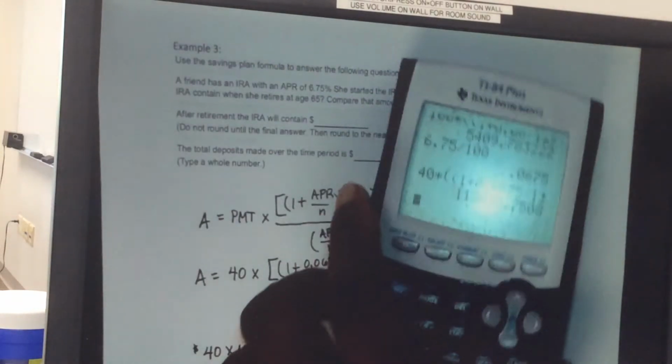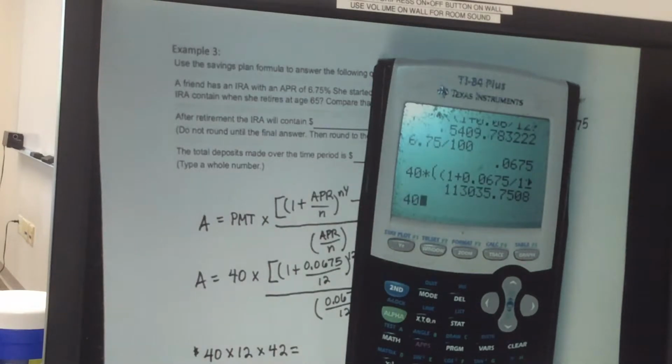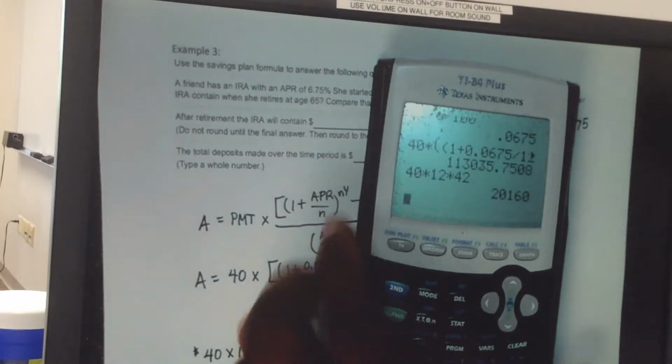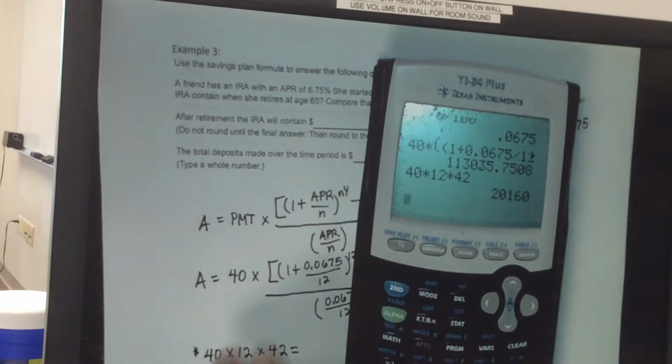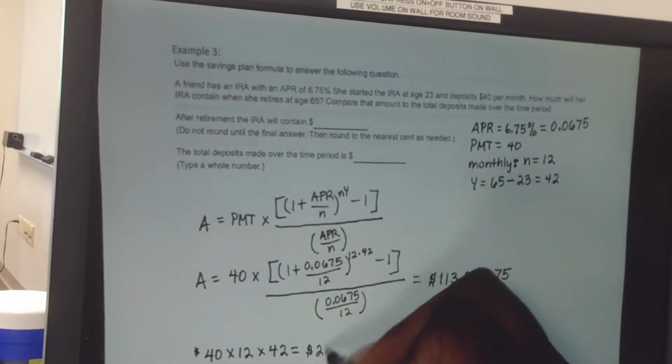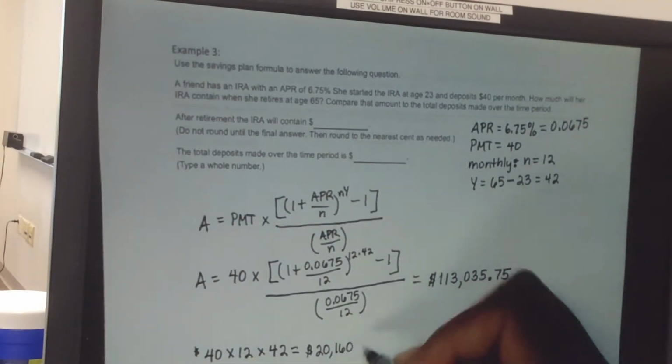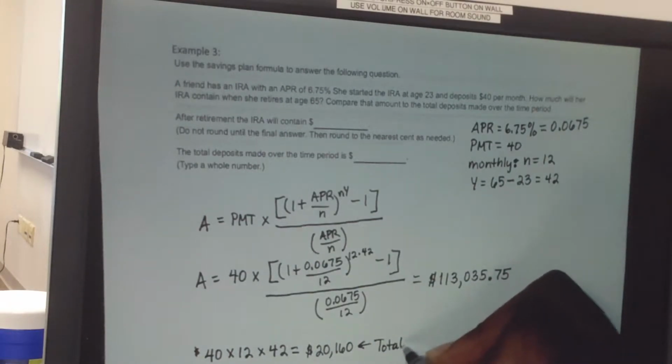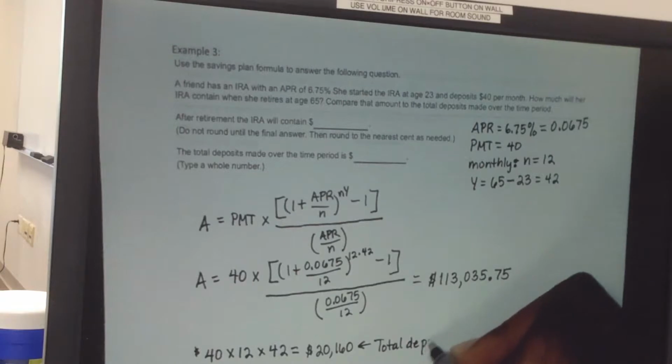So if I take 40, multiply by the 12 months for each year, and then for 42 years, she's made $20,160. In this case, she made total deposits of $20,160.